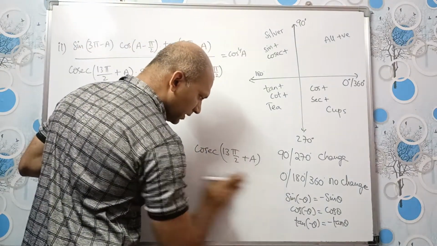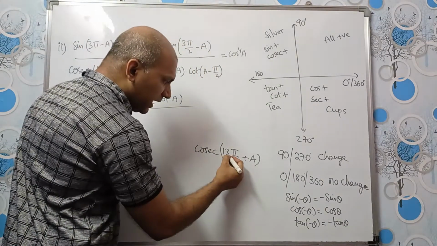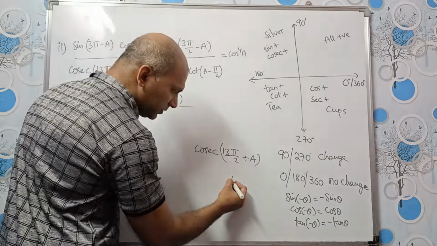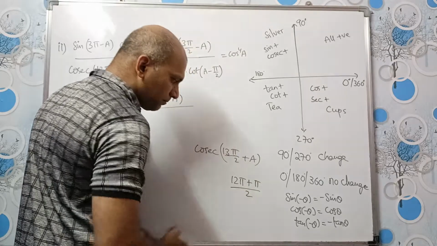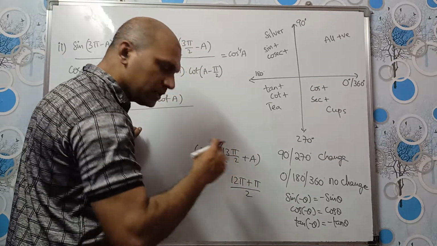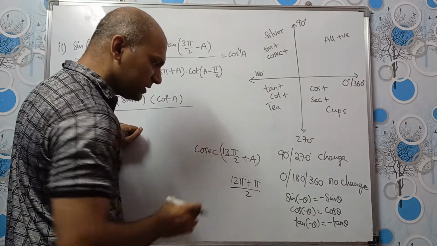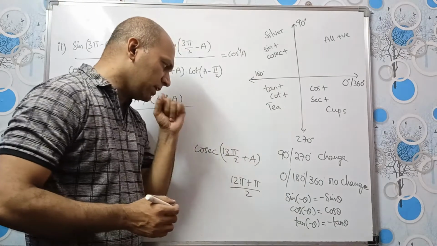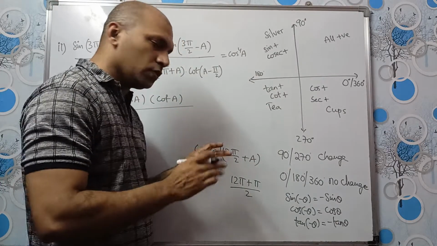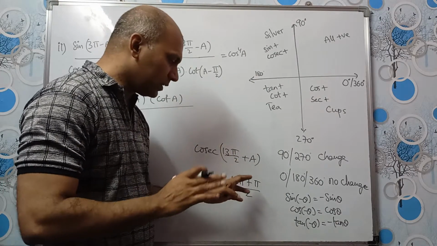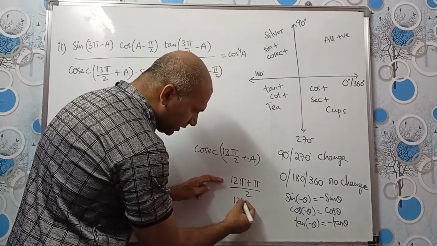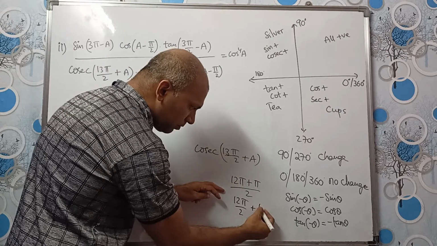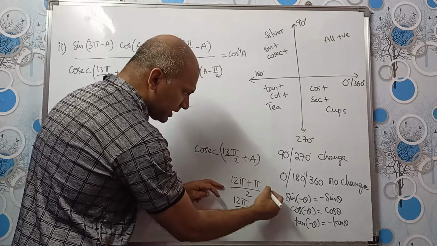Or see, how can we write 13π/2? Can we write it as (12π + π)/2? 12π plus π is how much? 13π. Okay, we should check for this. How can we write 13? 12 plus 1, right? 12π plus π. So if you write it separately, it will be 12π/2 + π/2, and plus A is also there.